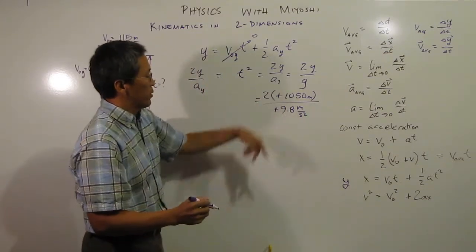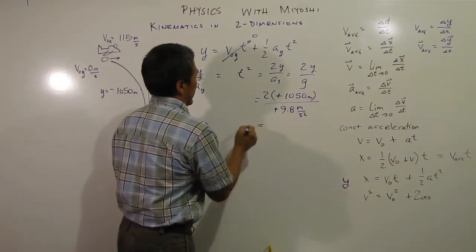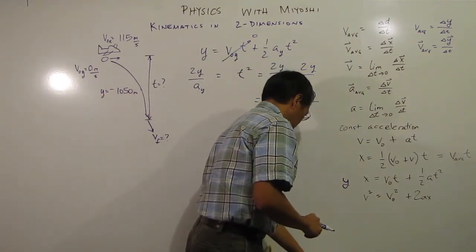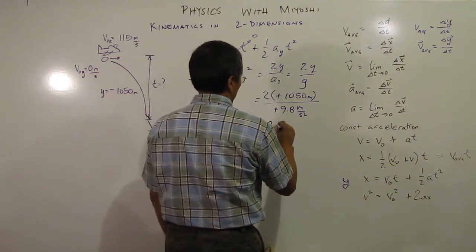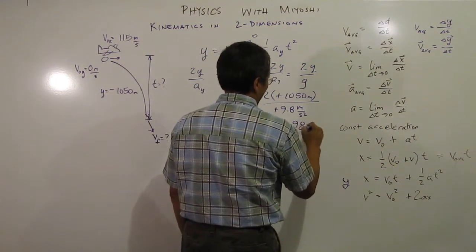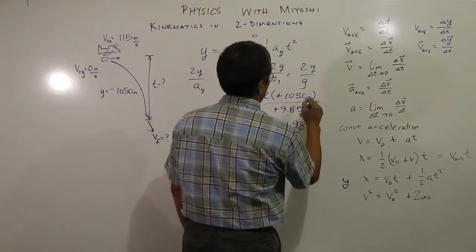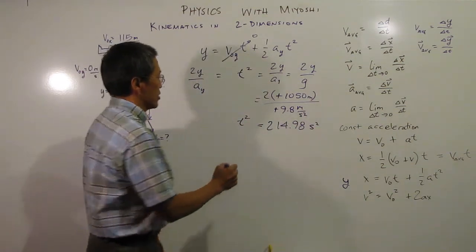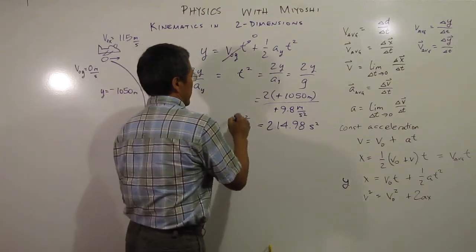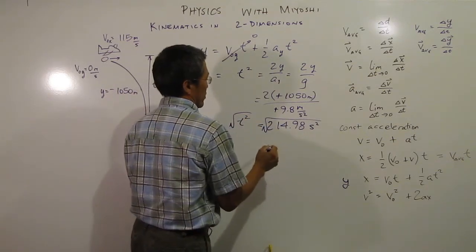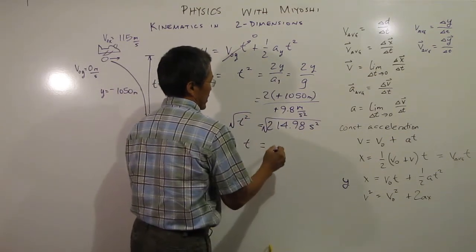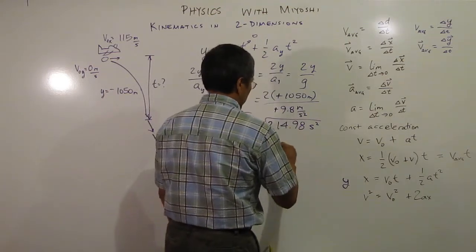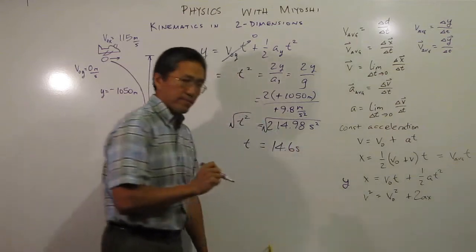I can multiply out the negative ones, and I end up getting t squared is, drum roll please, 214.98 seconds squared. There are no meters there. So to get rid of the square, I take the square root, and t is the square root of that, which is 14.6 seconds.